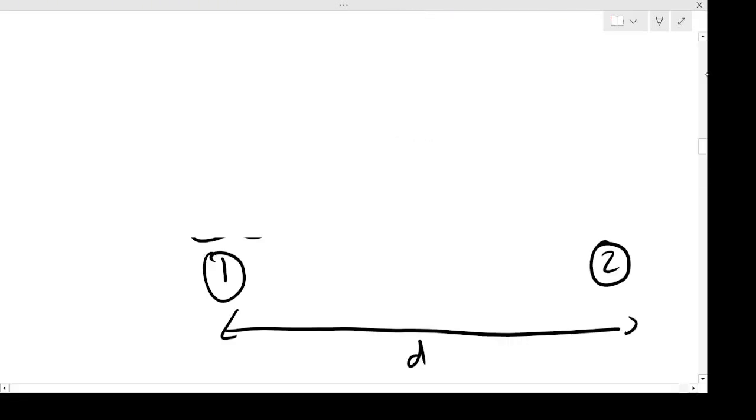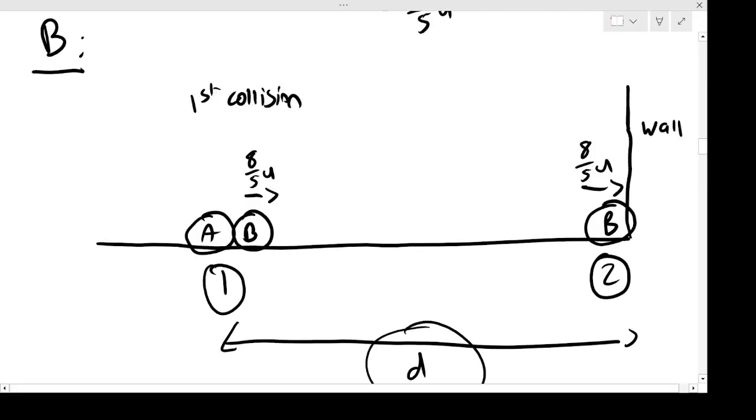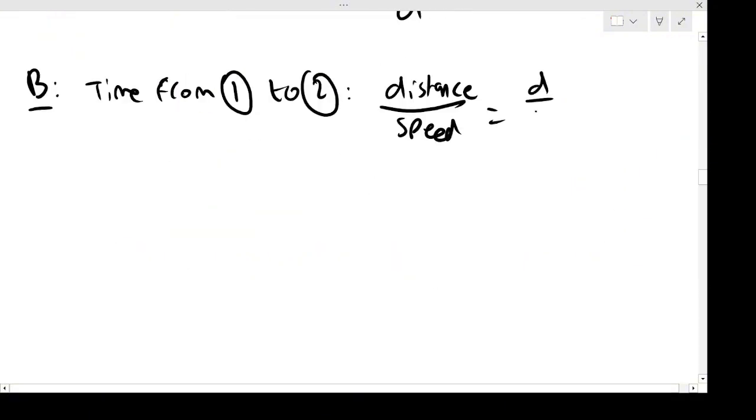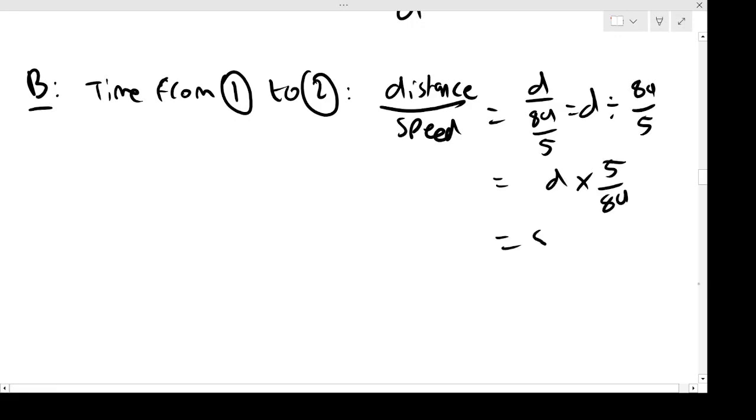Okay, well, the distance for B between these 2 points is D, right? And the speed is 8 over 5u. So it's going to be D divided by 8u over 5. Again, if you're struggling to simplify this fraction, split it up, right? If you then do keep flip change, that's going to be D times 5 over 8u. So it's going to be 5D over 8u.